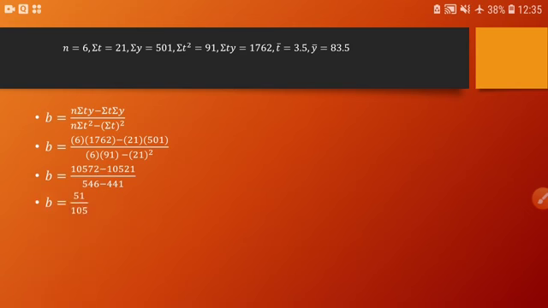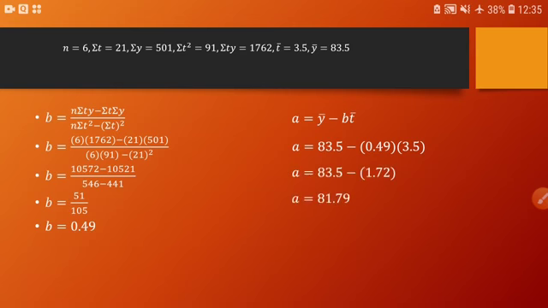B is equal to 51 upon 105, which is 0.49. So a is y bar minus b t bar, 83.5 minus 0.49 into 3.5, it's 81.79. So y cap is a plus b into t, 81.79 plus 0.49 into t.